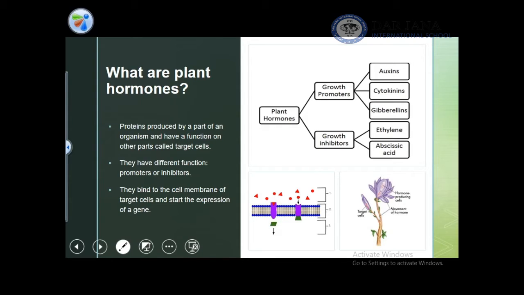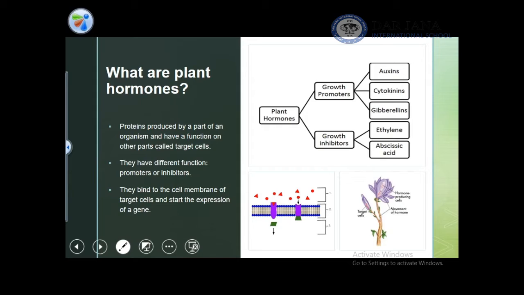Hormones in plants actually have two main functions. Either hormones will make a growth promotion or they will make a growth inhibition, according to the place where we can find the hormone, and according to the kind of hormone we may have different functions. The growth promoter hormones available in a plant are the auxin, the cytokinins, and the gibberellins, and the growth inhibitor hormones are the ethylene, which is the only gas hormone available in plants, and the abscisic acid.